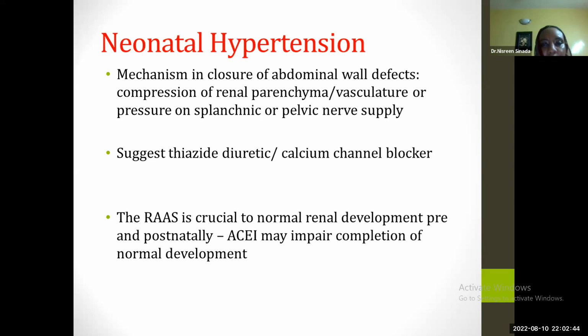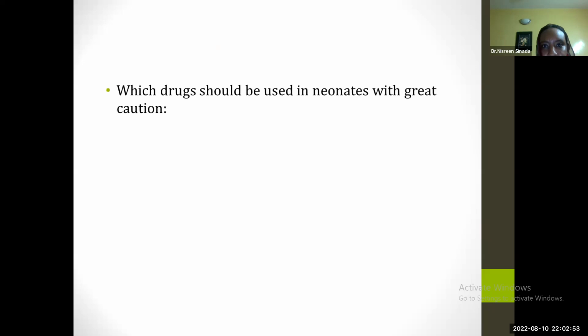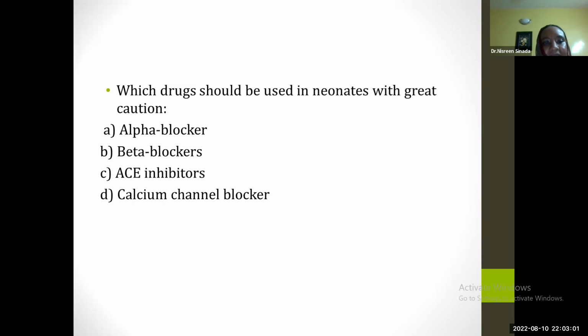So we should use ACE inhibitors with caution in the neonatal period because they drop the blood pressure significantly. This is one of the questions: which drug should be used in a neonate with great caution? It is the ACE inhibitor.